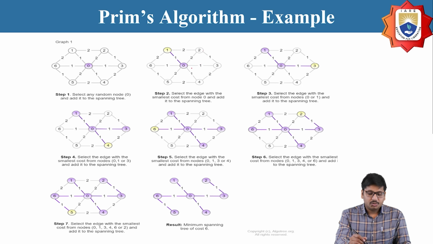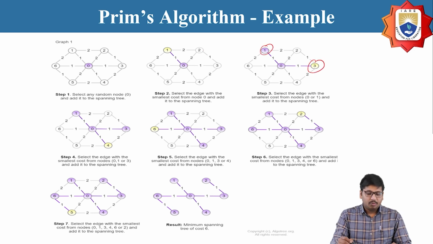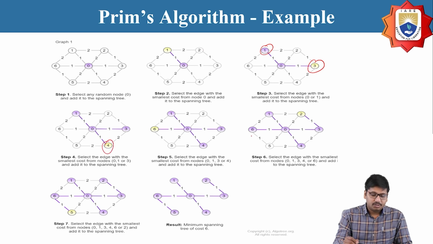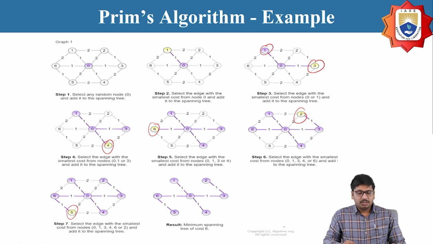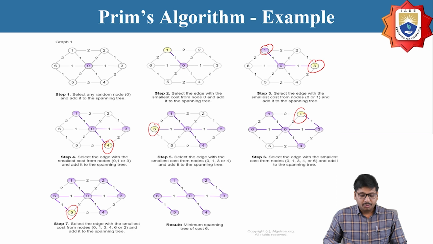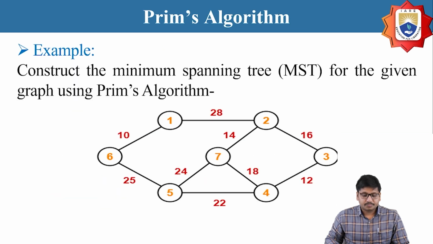So what I'm going to do is choose any one. So 1 is selected, and next one 3 is selected, and next one 8, then 4, 6, 2, 5. So like this, we construct the spanning tree by using Prim's algorithm, by constructing the edges.